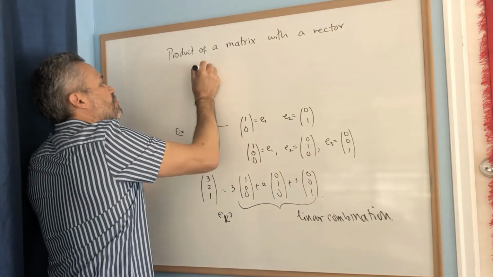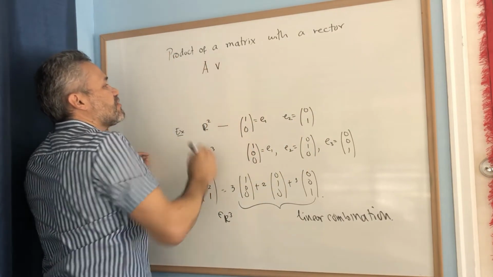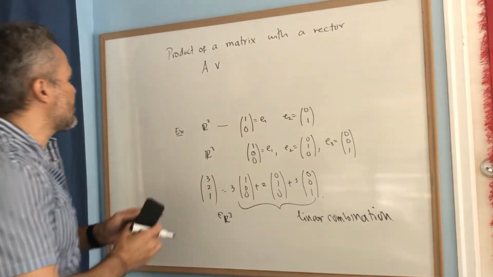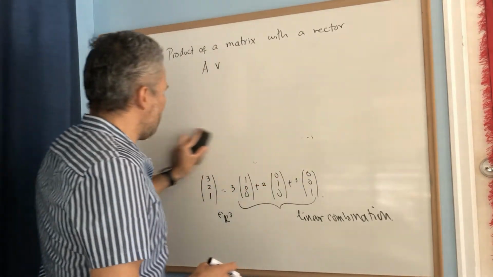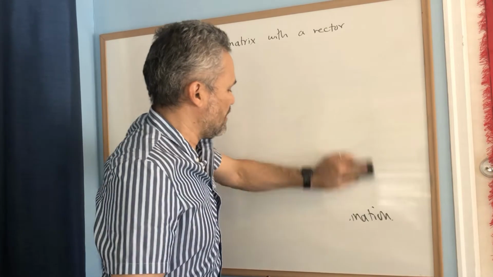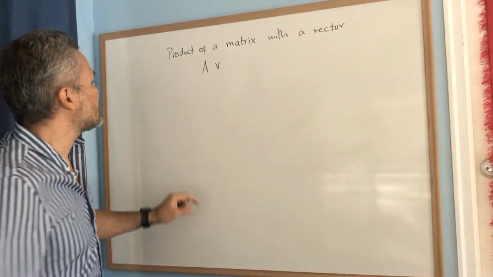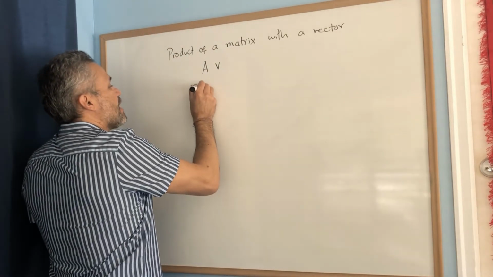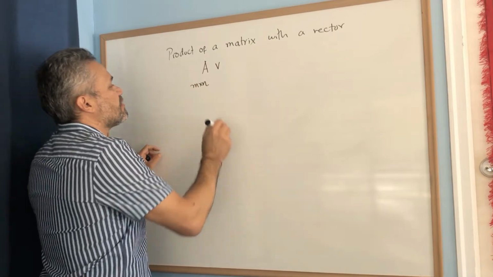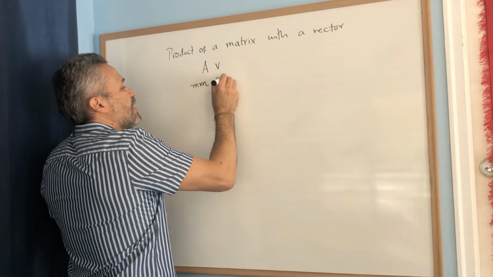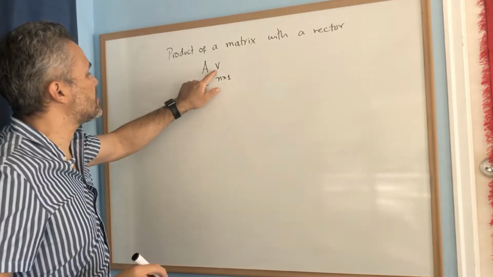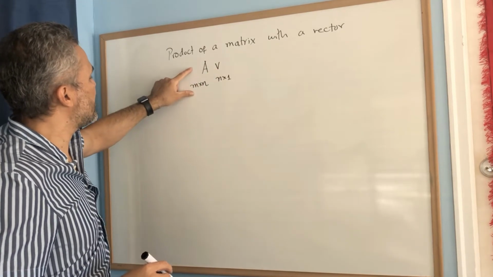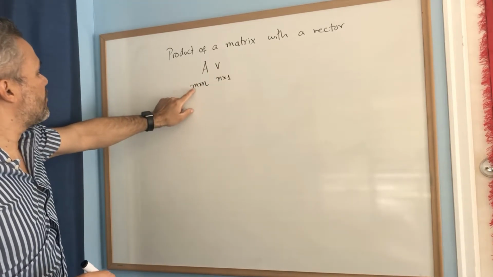In this case, we have the matrix A and the vector B. In order for this product to make sense, this matrix has to have dimension m by n, and this vector must have dimension n by 1. This is a vector of size n, and this is a matrix m by n.